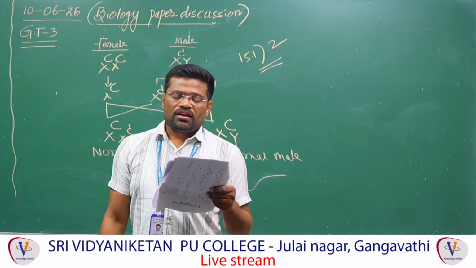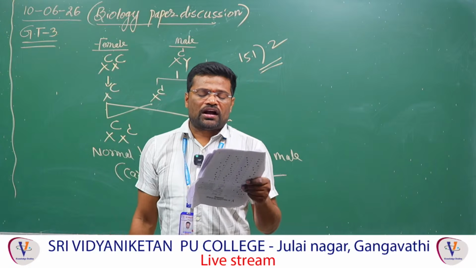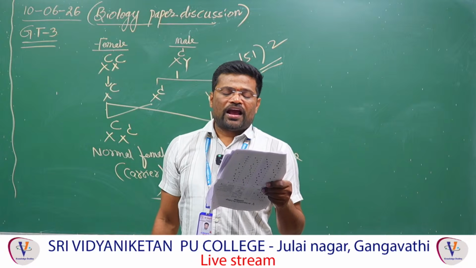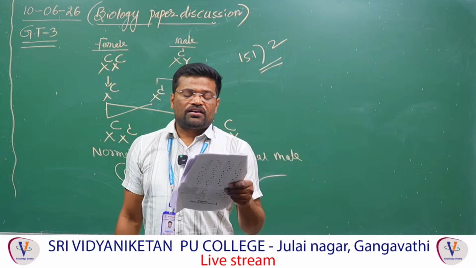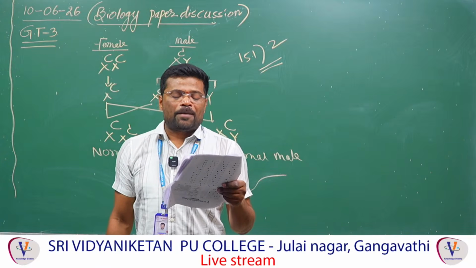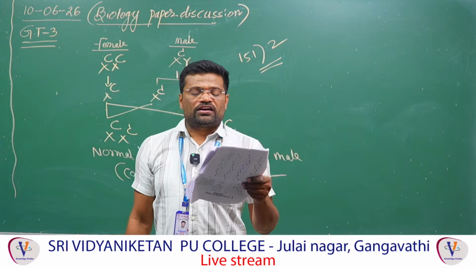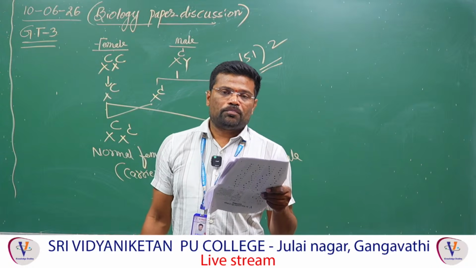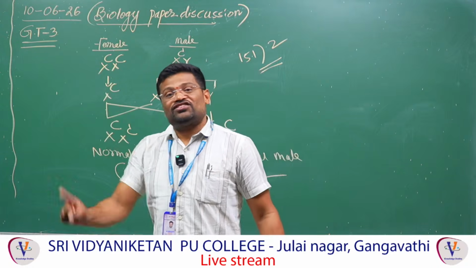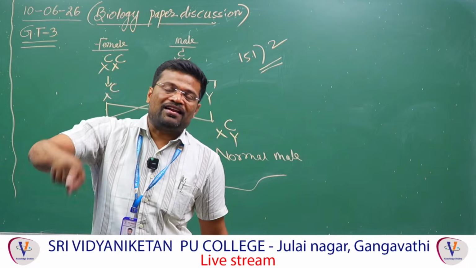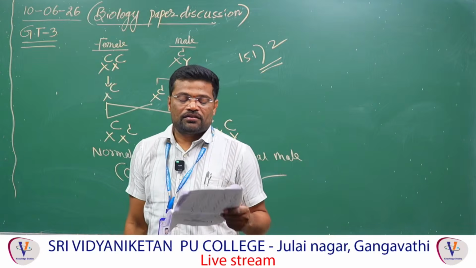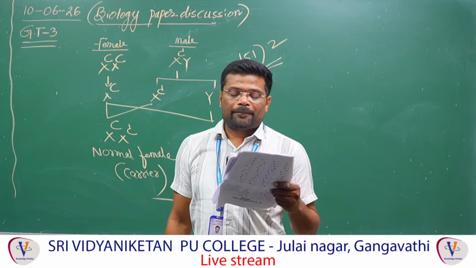B. Amphibians of the Eastern Ghats show greater species diversity than the amphibians of the Western Ghats. B is wrong. Basically, amphibians of the Western Ghats show greater species diversity than the amphibians of the Eastern Ghats. So B is incorrect.